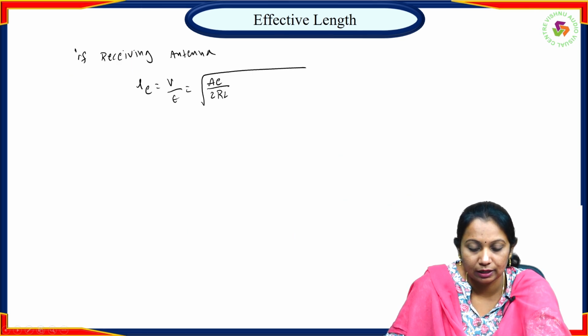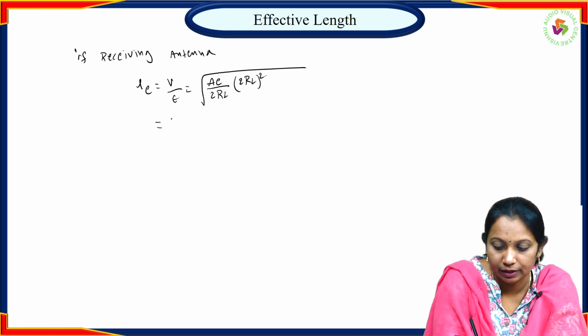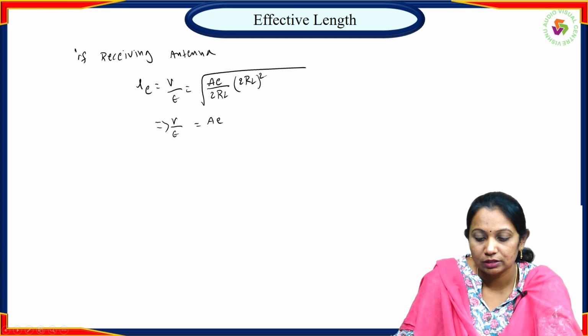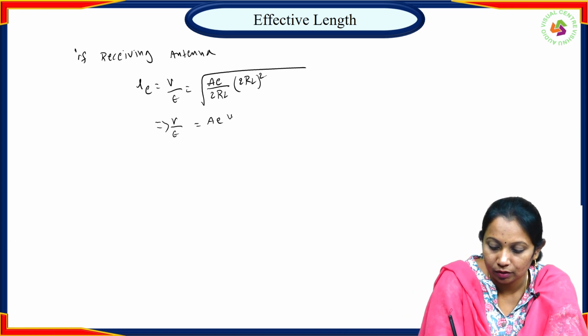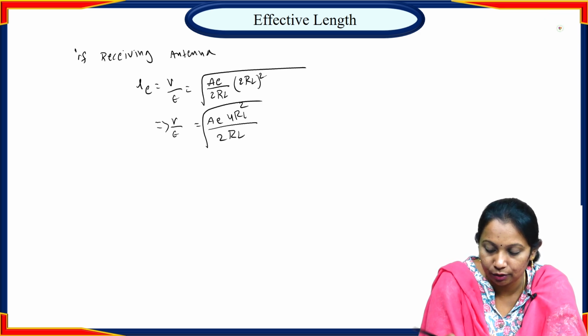So V by E is equal to AE into 4RL square divided by 2RL under root.